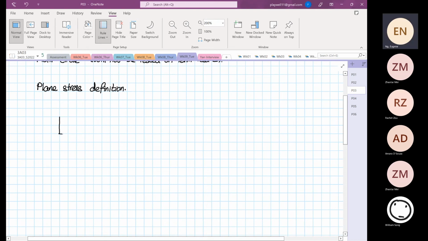So this is our X, Y, this is our Z, and I'm going to draw our element. The element I'm constructing is a 3D element. It's not a cube.